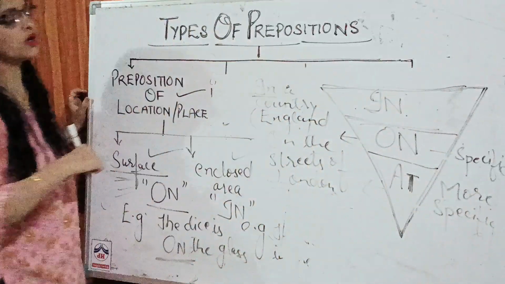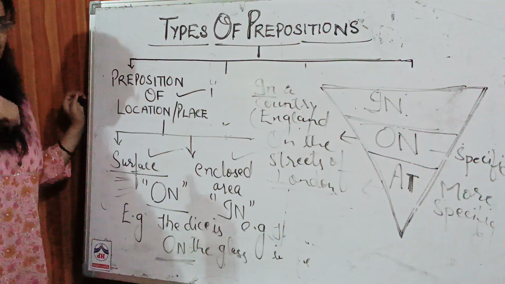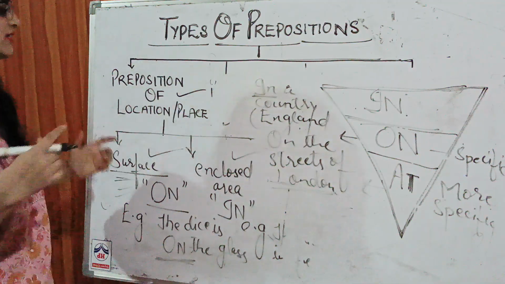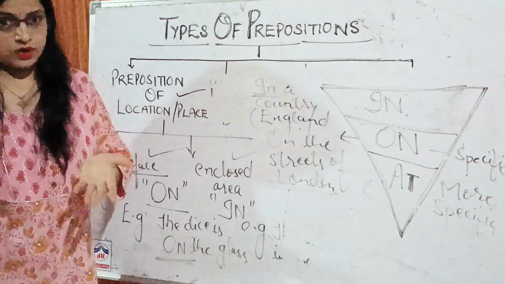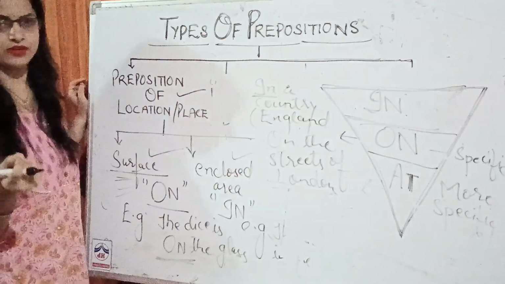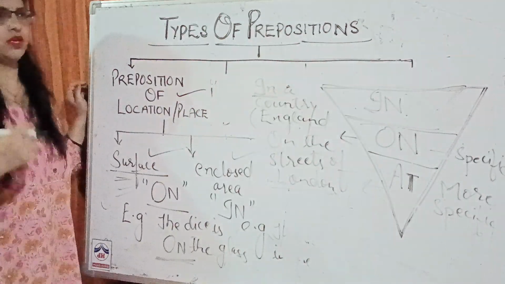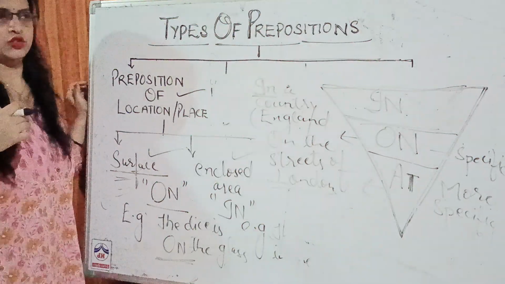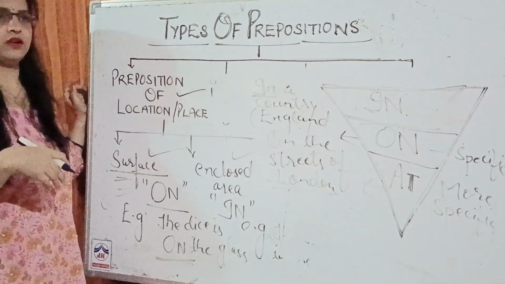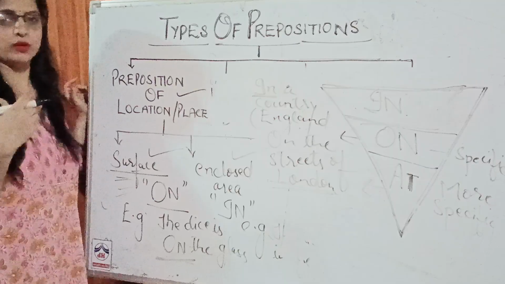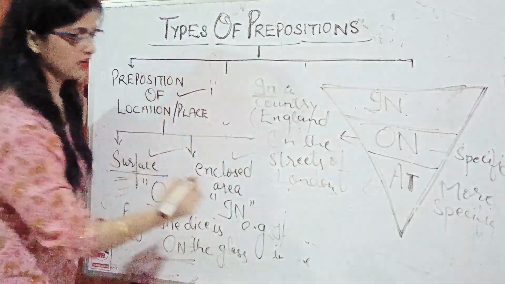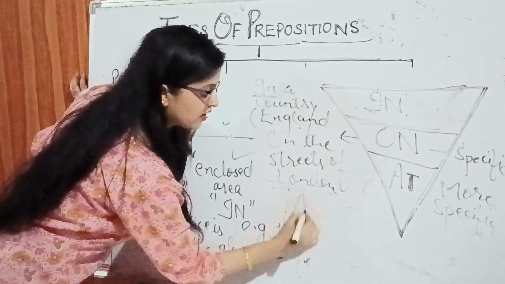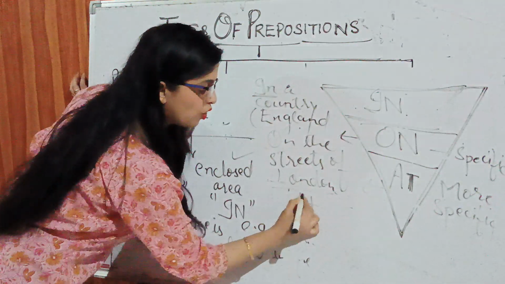So I can say I am living on the streets of London or at Oxford. Suppose you are giving your address, you have to say that I am living in Jammu and Kashmir, and at Rupnagar, suppose. So you can write here "at Oxford".